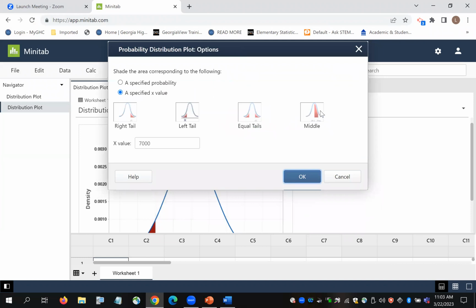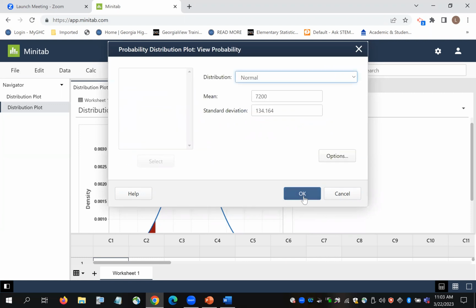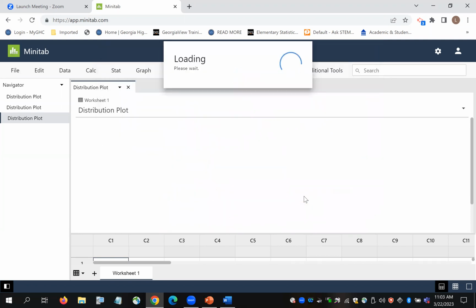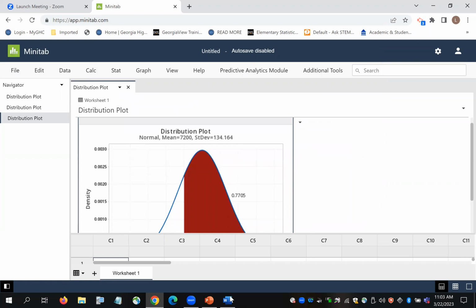Options, we want to be in the middle of 7,100. Remember, you always put in the smallest value first and then the high value. So between 7,100 and 7,600. And I click OK. And I click OK again. And then we get our graph.